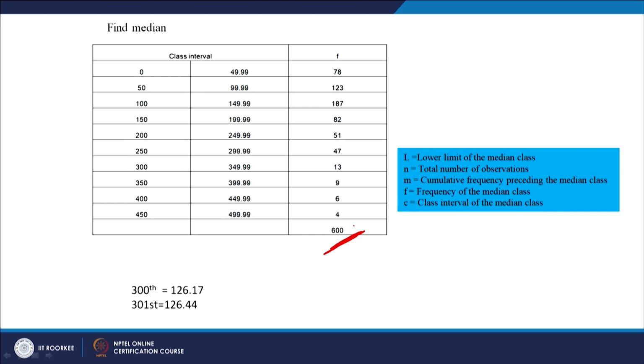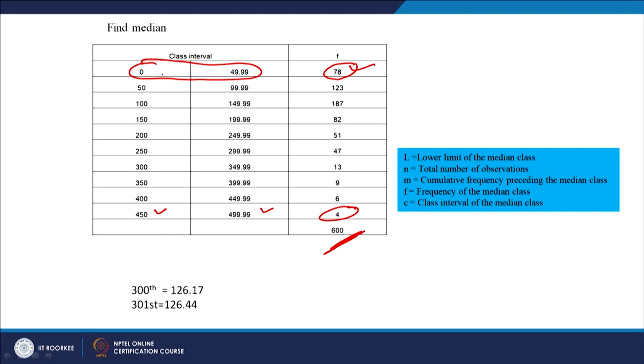This is what we saw in the previous session as well, wherein we calculated the mean. There were only 4 account holders with a balance between 450 and 500. Similarly, there were 78 account holders who had a balance between 0 and 50.